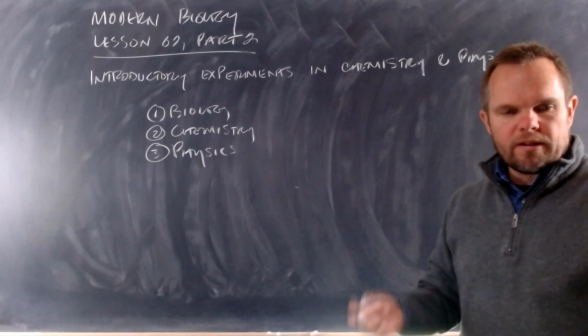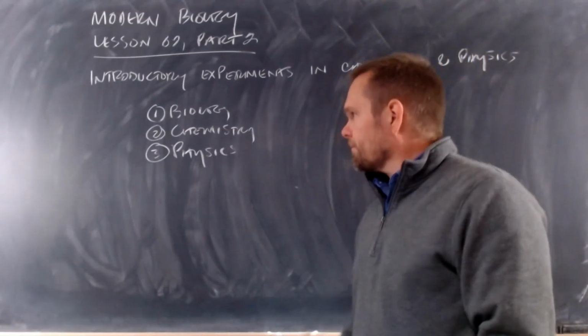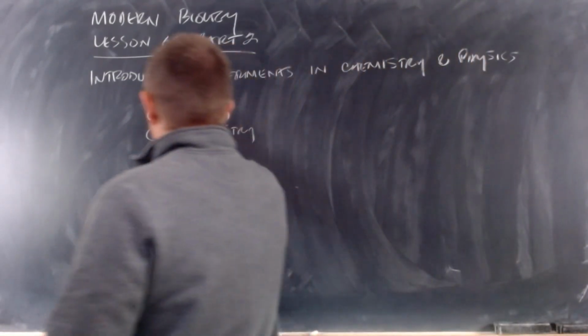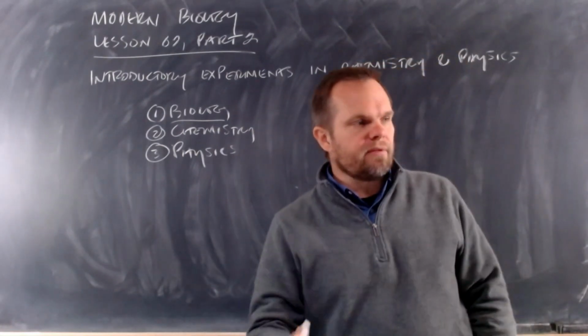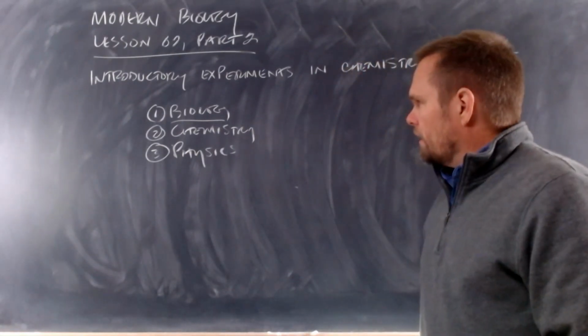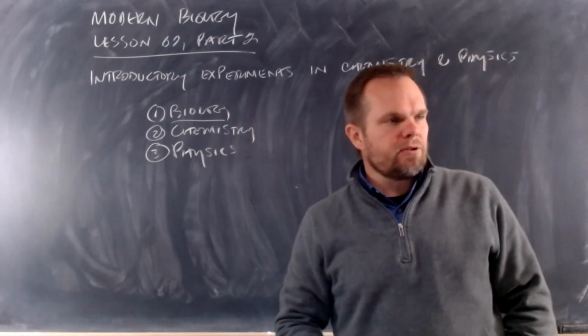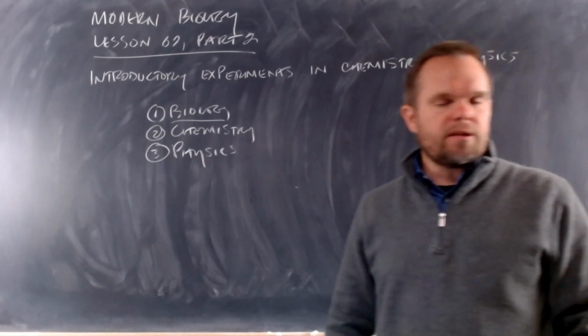And it doesn't really matter because each of them helps us study the others. In this course, though, we're studying biology, which is the science of life, the science of living things.